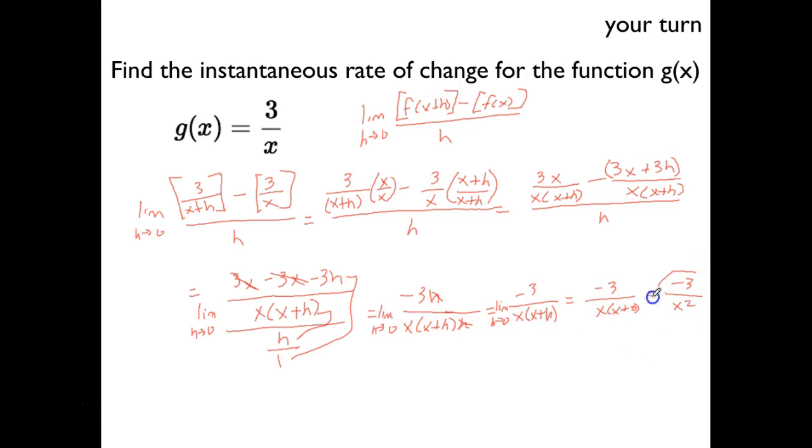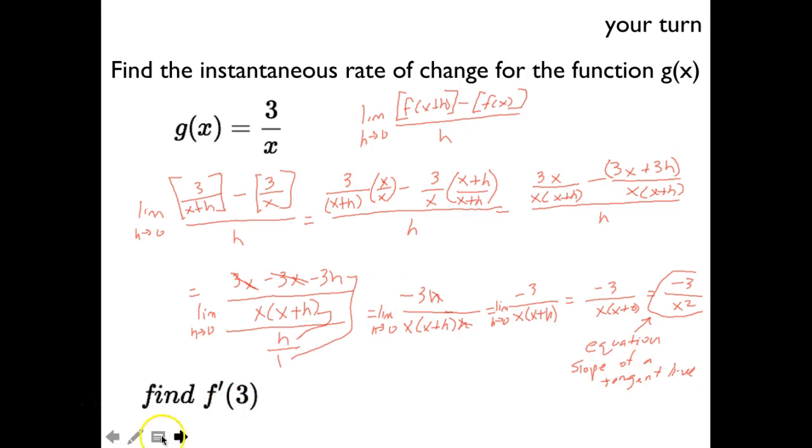So now I have an equation for the slope of a tangent line, or the instantaneous rate of change. Okay? So they might ask something like, find f prime of 3. So in order to do that, you just plug in 3.